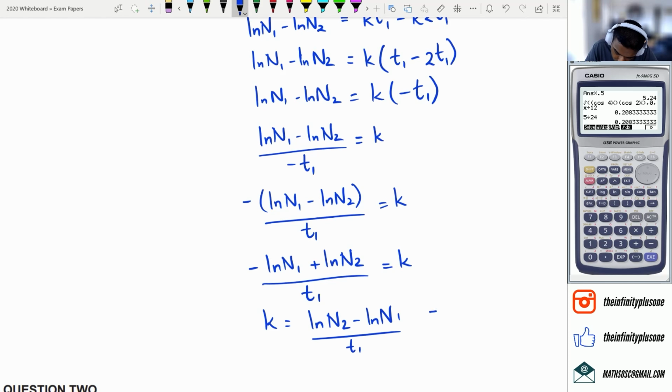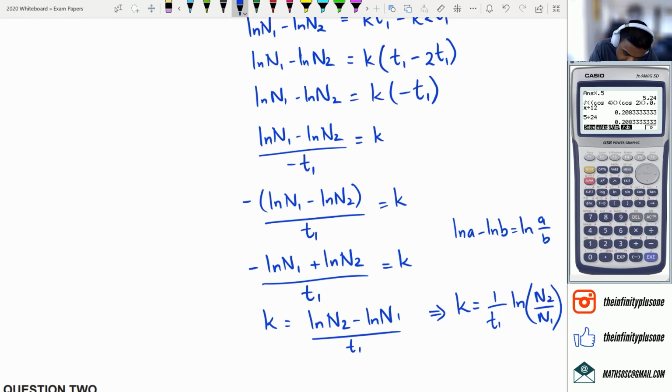And remember with the log rules, we can say k is equal to 1 over t1 times ln of n2 divided by n1. The reason we can say that is because ln of a minus ln of b equals ln of a over b, which is one of your log rules.